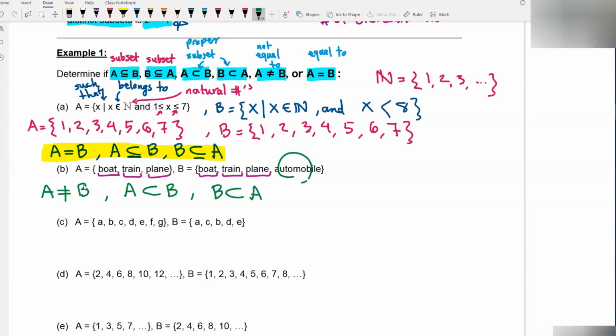B is not a proper subset of A, but I don't have this symbol here on top. It's not asking if we have this one on top, so I'm not going to write that one. So B is not a proper subset of A because of this member that is not inside A. The answer is this point.